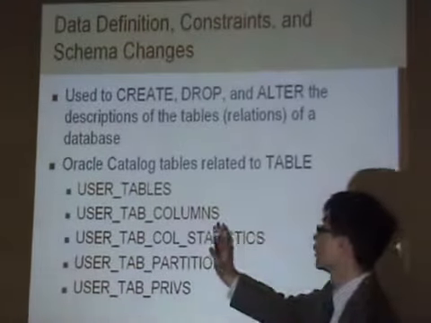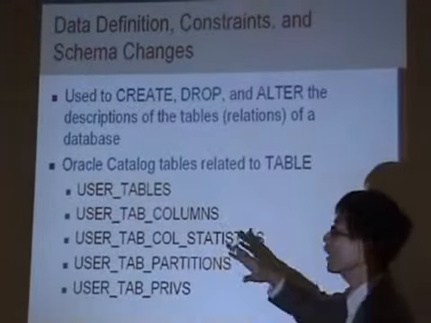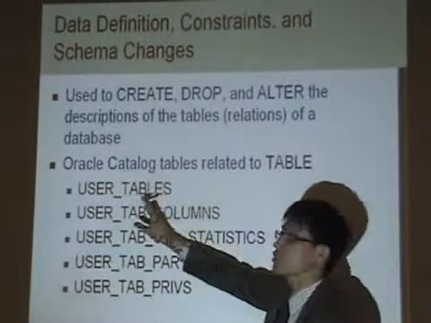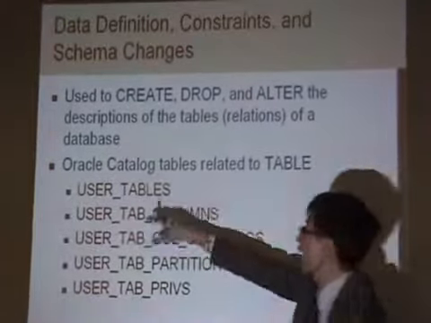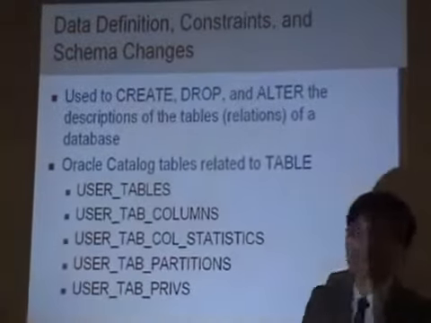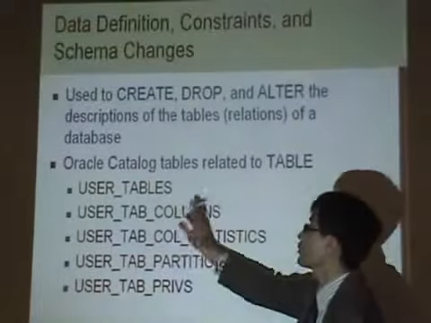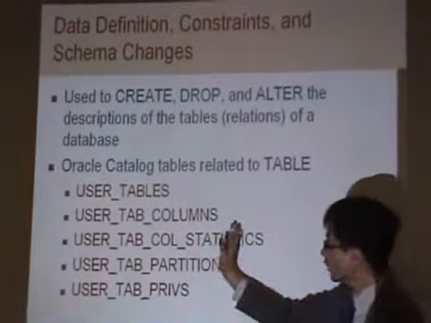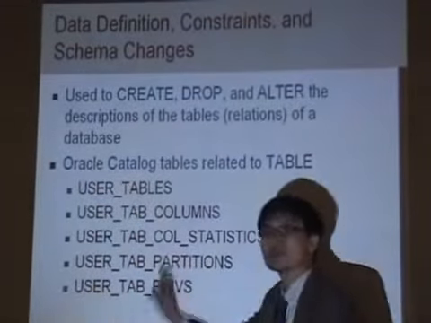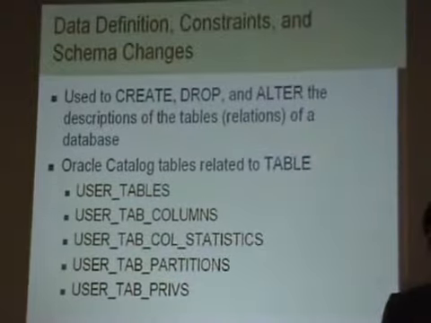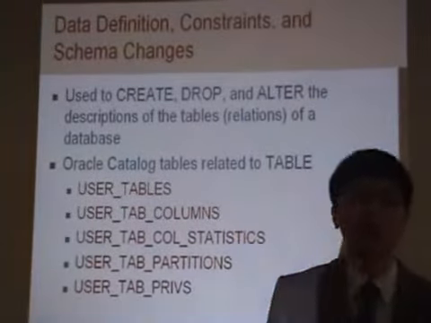So, for example, when you create the employee table, the information will be stored in this catalog table. The column information will be here, and statistics will be here, and partition information, more information will be stored in this catalog database.